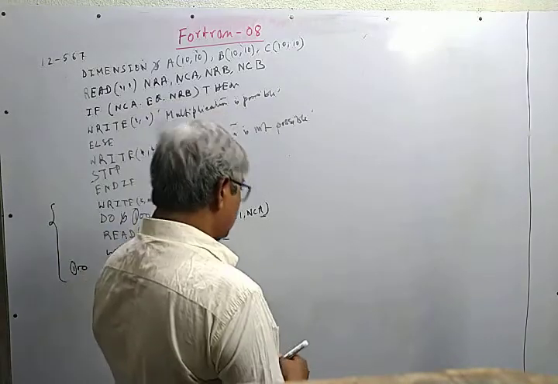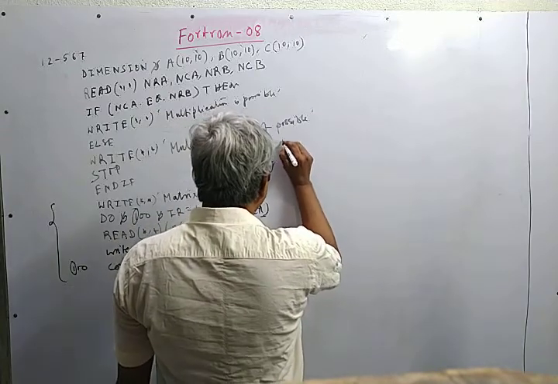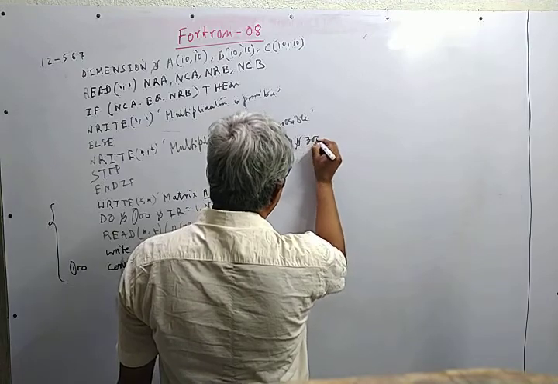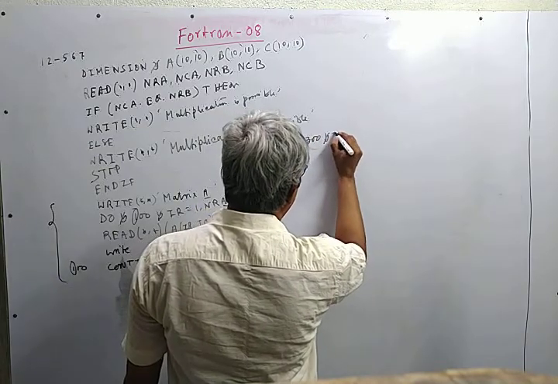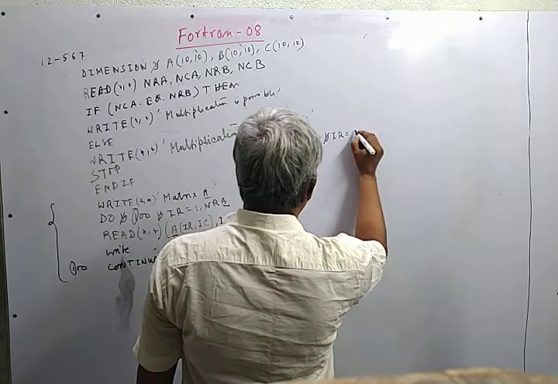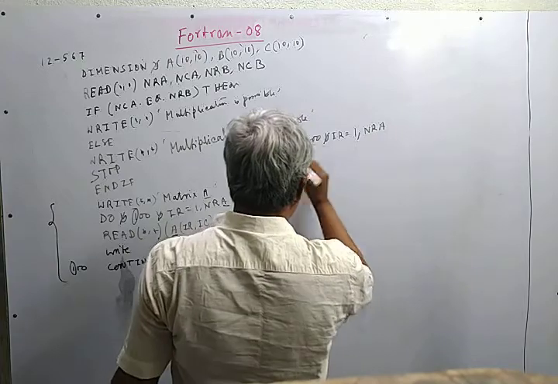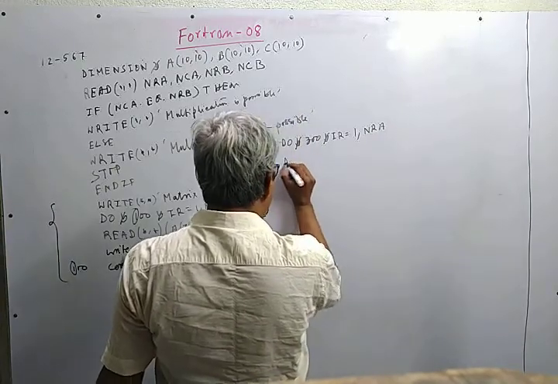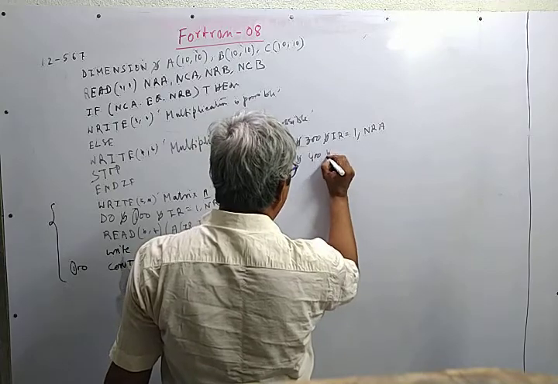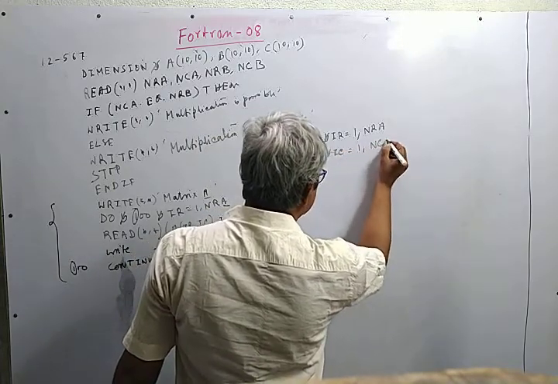Then we are to implement the matrix product. So we do 300 loop: IR is equal to 1 comma NRA, then do 400 loop: IC is equal to 1 comma NCB.